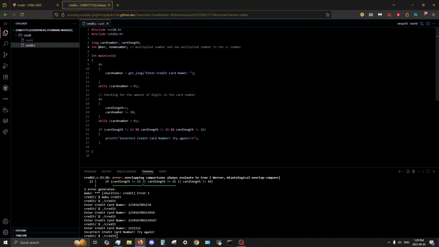M number, MNBR, NBR, multiplied number, and why does my keyboard do 2? Multiplied number and non-multiplied number, MNBR and NMNBR. Okay.